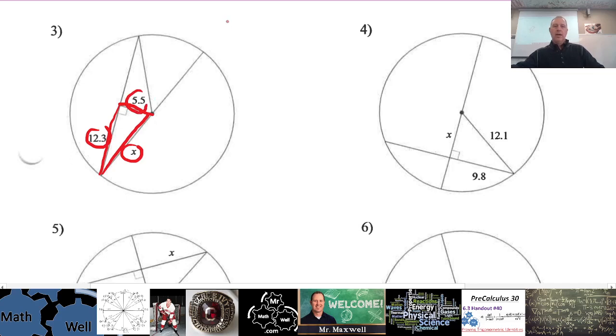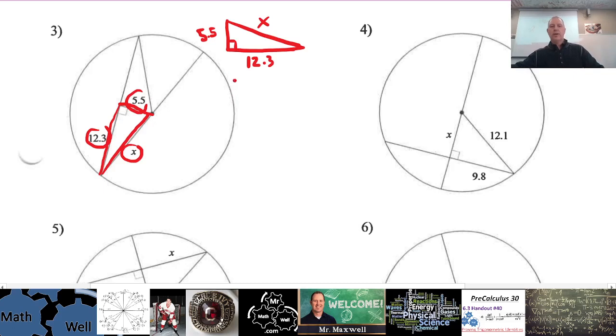So you don't have to redraw this, but I will redraw this right triangle just to show you that this is 5.5, the short side, 12.3 is the other leg, and then x is my hypotenuse of that triangle. So which ones do I add? Do I add x squared and 12.3 squared? No, which ones? A and B, which are?